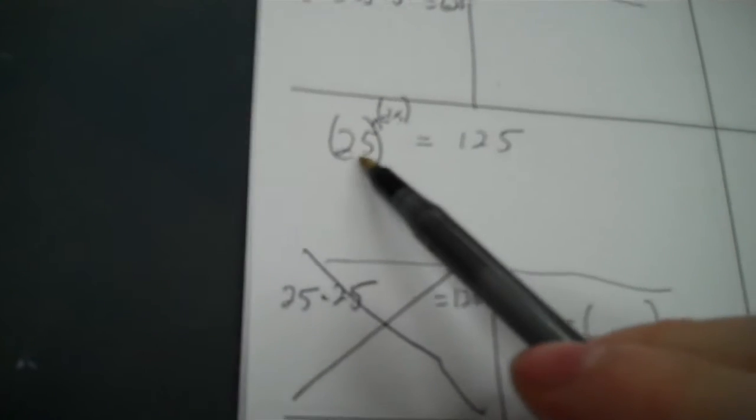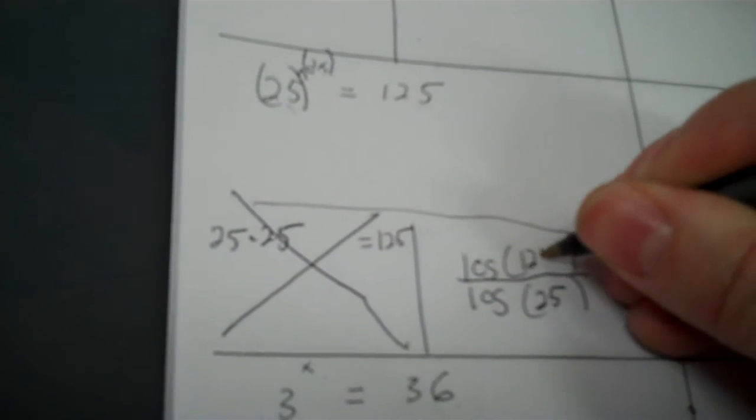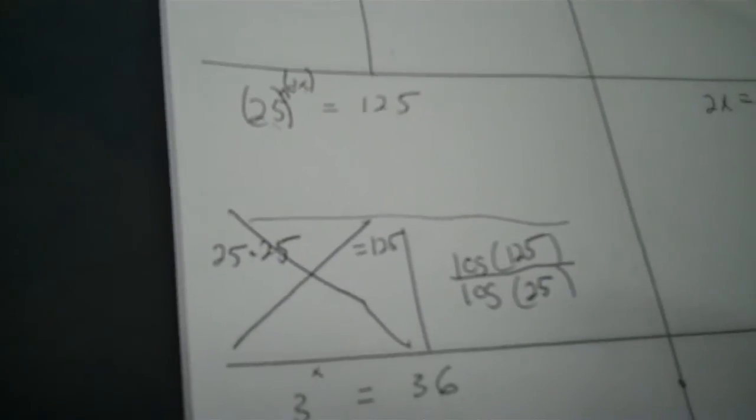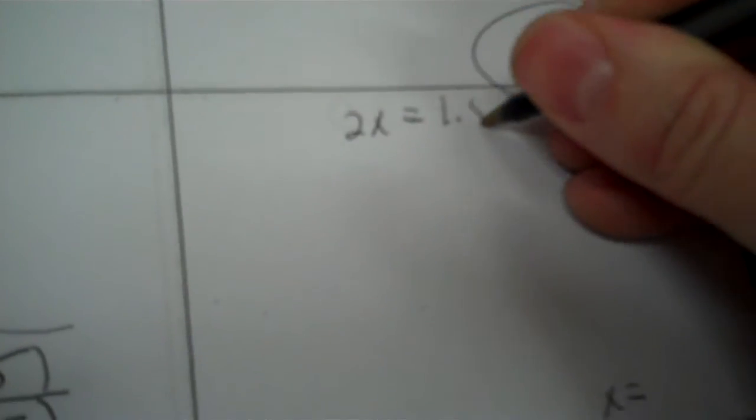Whatever's the base of the exponent, that's going to go on the bottom. And then 125 goes on top. So on my calculator, I take log 125 and close the parentheses. Then I hit divided by log 25 and I close the parentheses. It gives me 1.5. But don't put that here. You put that right here.